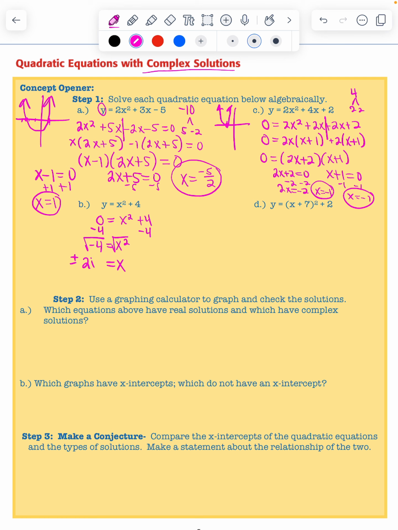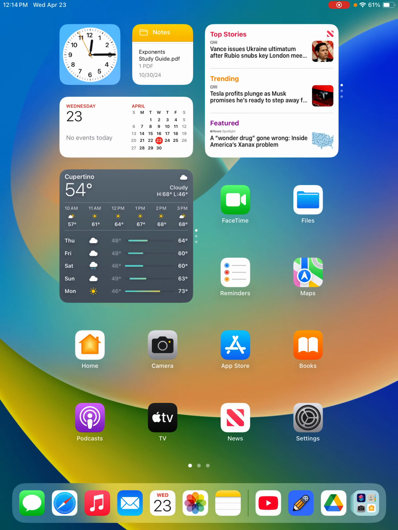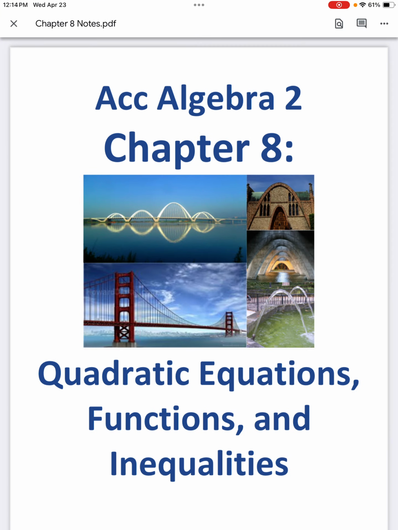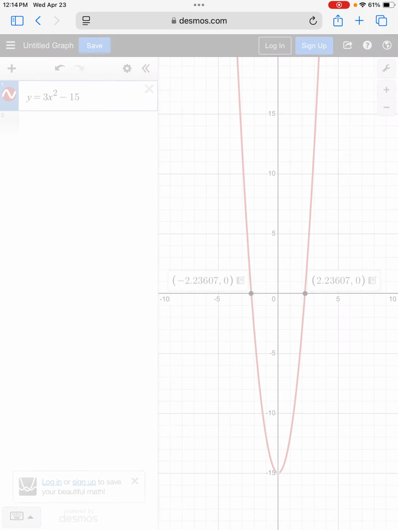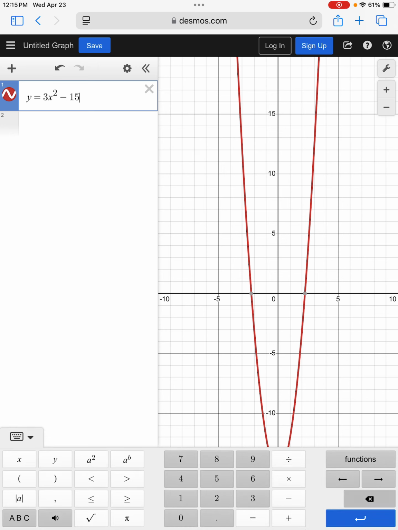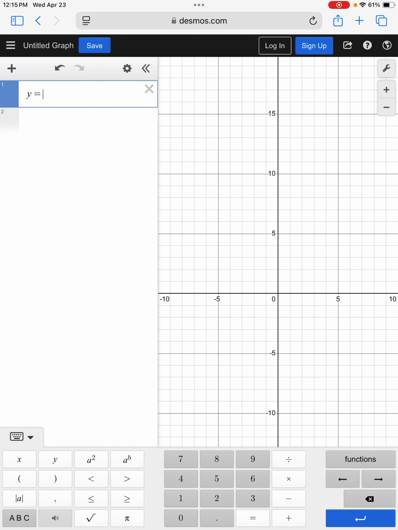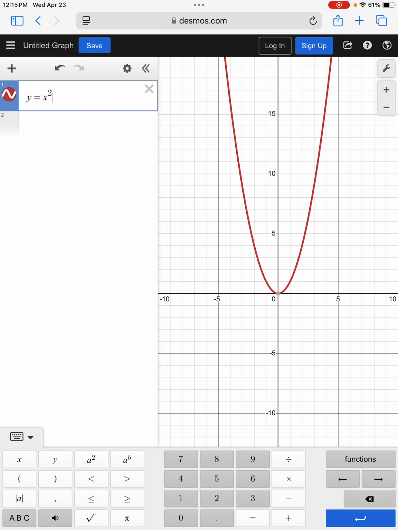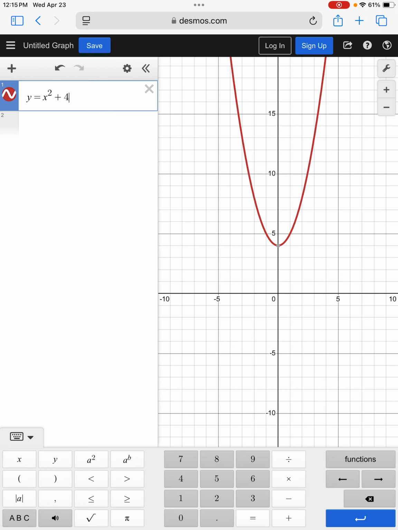So this actually crosses in two locations at 2i and -2i, which is incredibly difficult to even imagine, because if we were to pull up Desmos and I type in that equation, y equals x squared plus 4, it's pretty clear that it doesn't cross the x-axis at all.